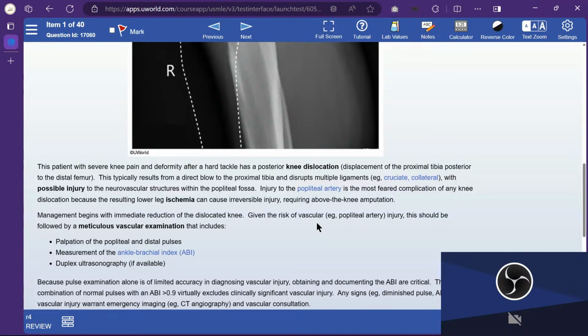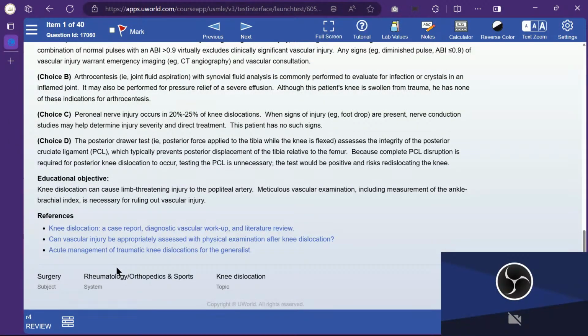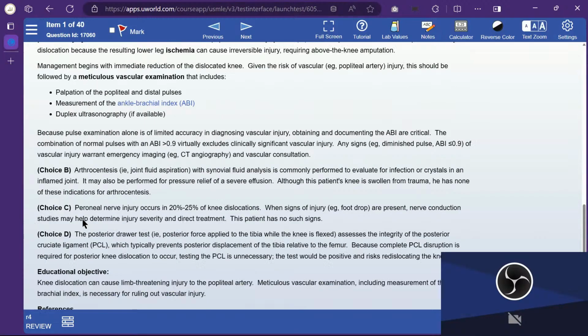Given the risk of vascular injury, this should be followed by meticulous vascular examination, palpation of the popliteal and distal pulses, measurement of the ankle brachial index, and duplex ultrasonography, if available. You need to look for any sort of vascular injury.